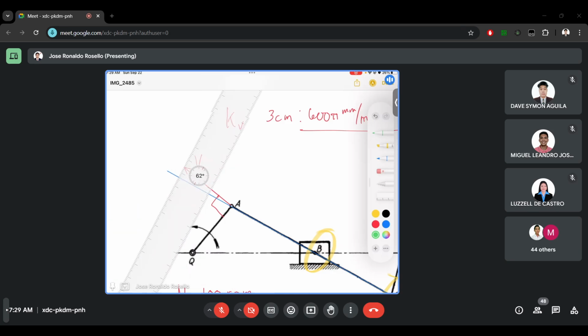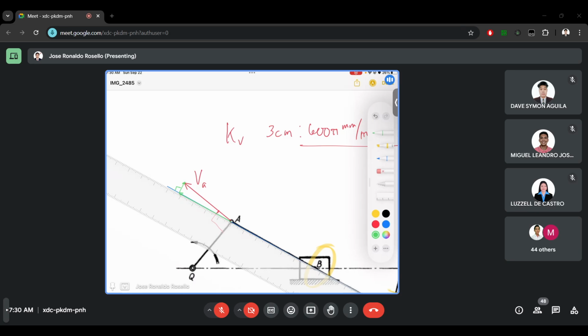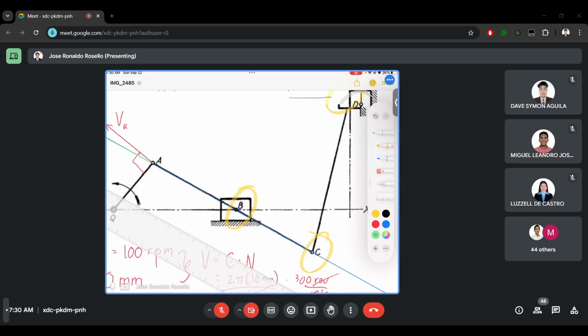So let's make the perpendicular vector first, the component. Then, once we have this perpendicular, make a vector from point A going to this perpendicular component. Then we'll measure it with our ruler. How long? So let's say it's about 4.2.